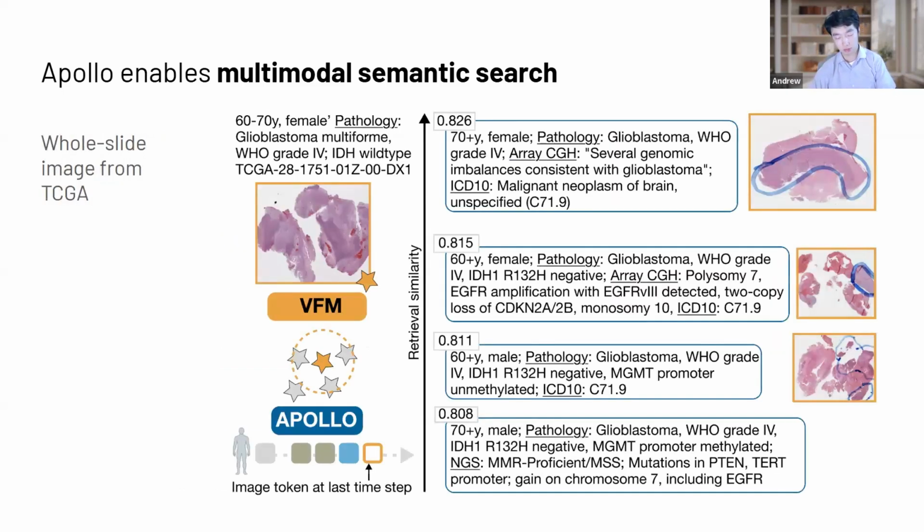Similarly, we can search using images as well. If we search using a pathology image, this is from TCGA, so this is actually out of distribution for the model. It's a slide from a data set that the model has never seen before from a different institution. What we find is that the retrieved patients match not only the diagnosis, but also the grade and the molecular subtype.